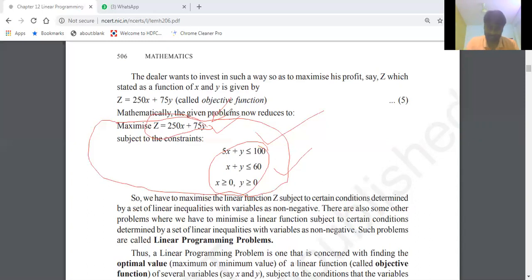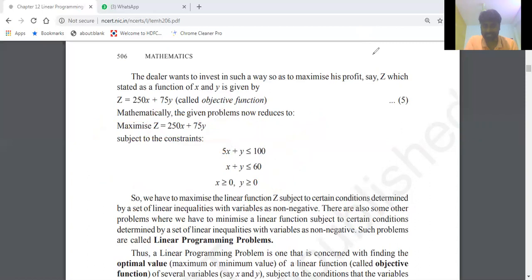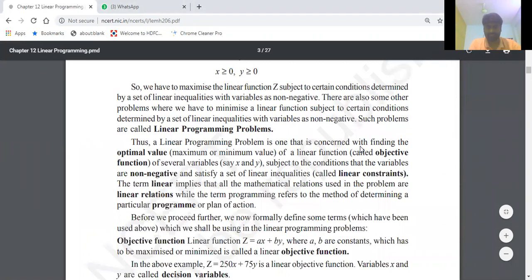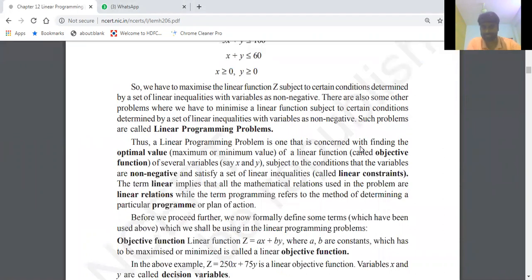Clear? Now let us go for maximizing this function. How he is going to maximize in this problem, we will see. We have to maximize the linear function z subject to certain conditions determined by a set of linear inequalities with variables as non-negative.